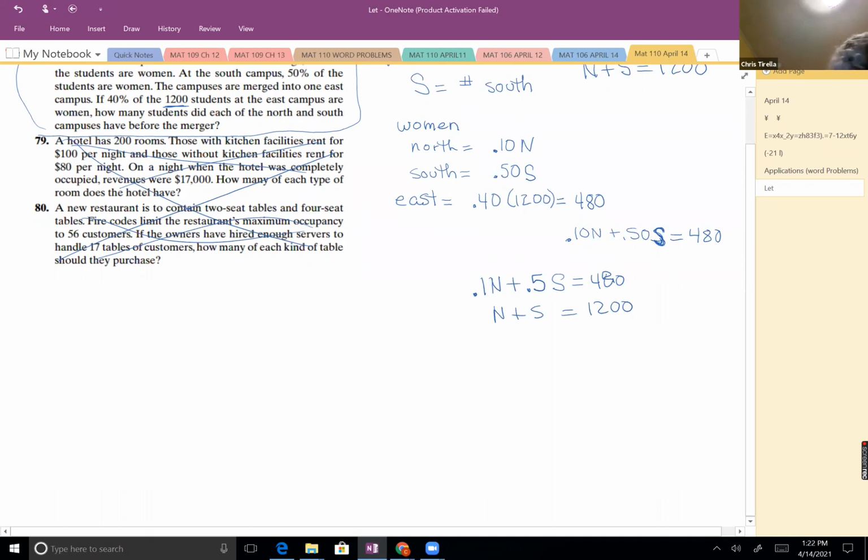How would you like to solve that system? Substitution or elimination? Substitution. What do you want to solve for? N or S? S. And so for substitution, would you get that s is equal to 1200 minus n?